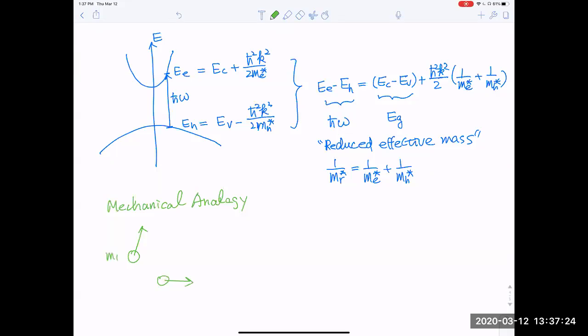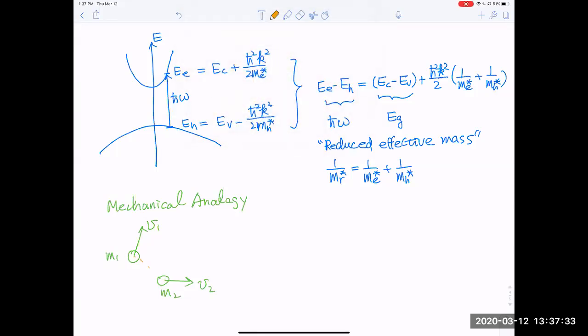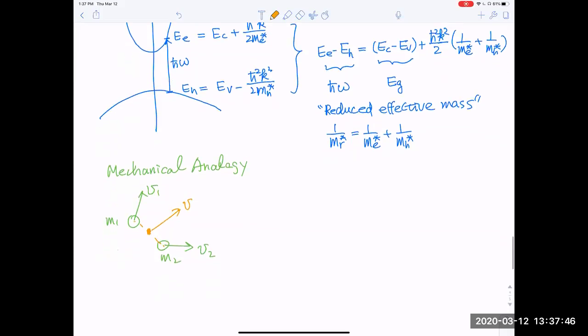This is m1, v1, this is m2, v2, and if you are interested in the combined center of these two masses traveling with a combined velocity, this equivalent particle has 1 over m equal to 1 over m1 plus 1 over m2, okay.